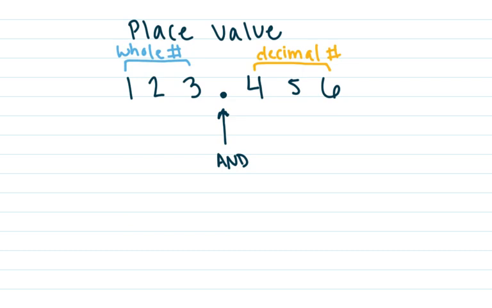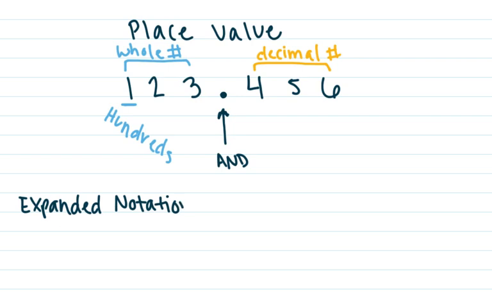So starting from the left and going to the right, this 1 right here is in the hundreds place. And so if I wanted to write my number out in expanded notation, we can do that down here at the bottom, expanded notation, which means that we're going to write our number out long ways.